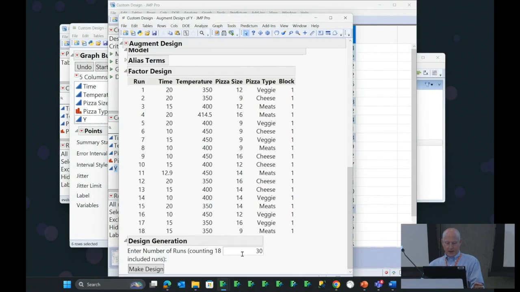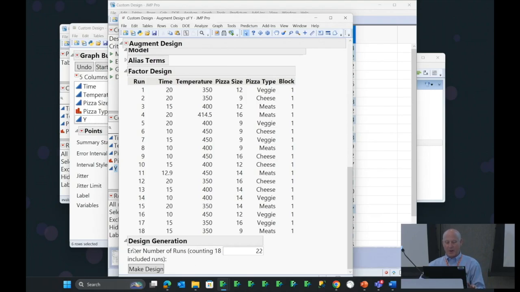Let me try that. So if we go back to this point, I click Augment. By default that previously had an 8 there, so it was a 26. I'm going to go to 22 because I lost 6 points and I'm only adding 4 back. So this is already a smaller design than the original one. But at least with the time and temperature, I probably will fill in.